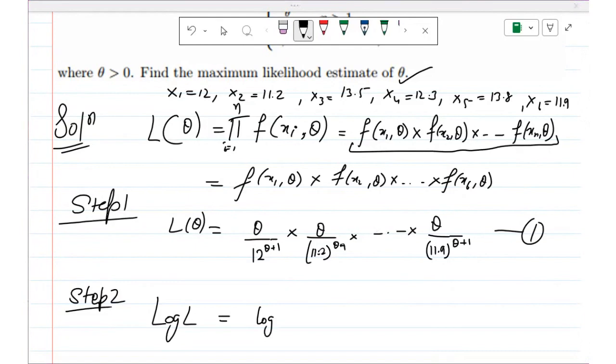Their voice is breaking. Let me see if I can fix it. Is it from the beginning or in between? Roshan, is it from the beginning?